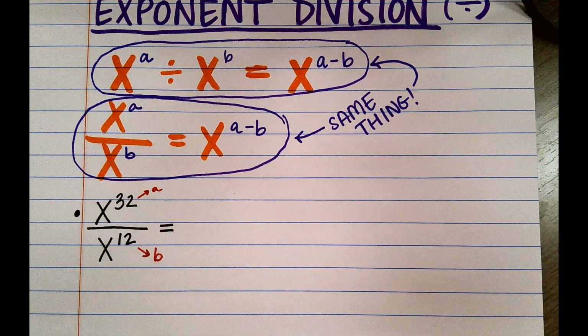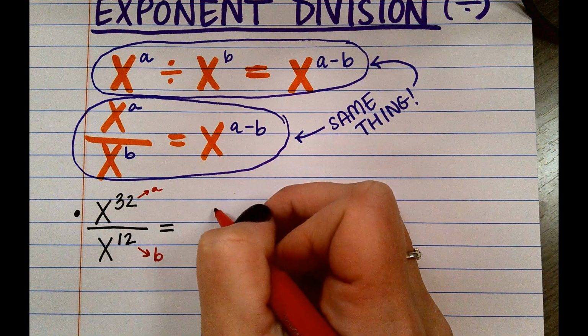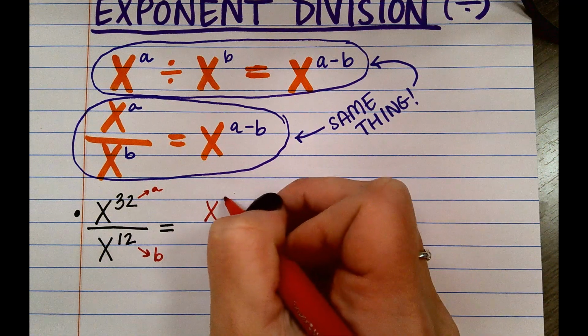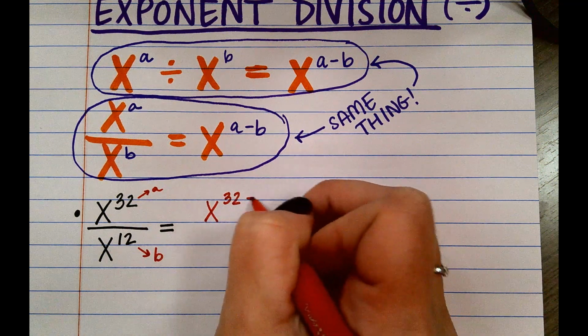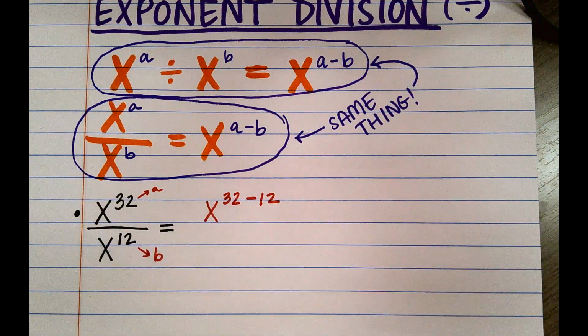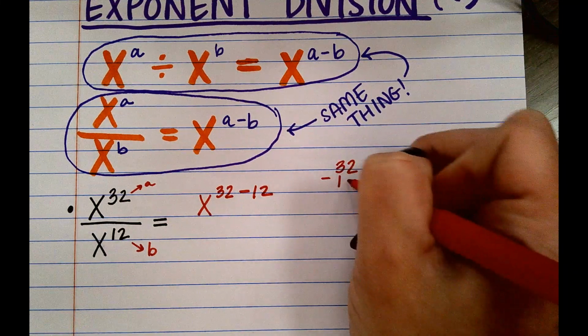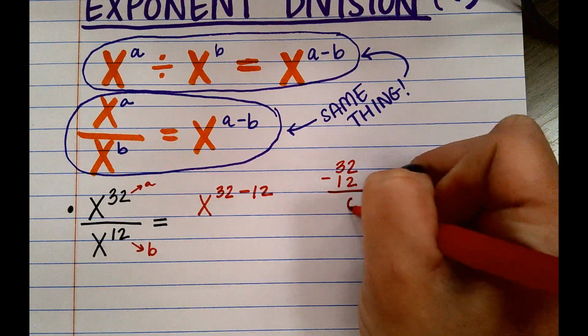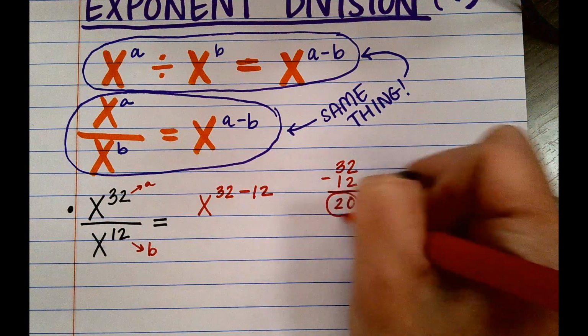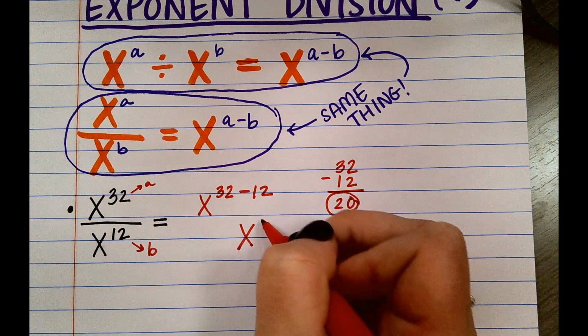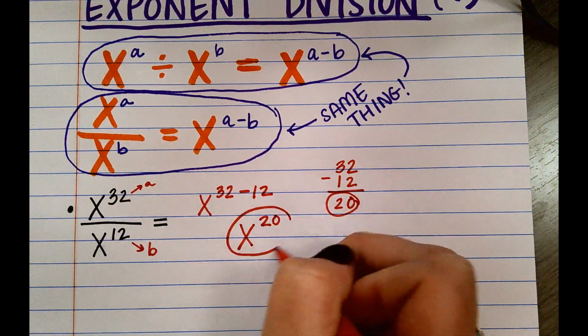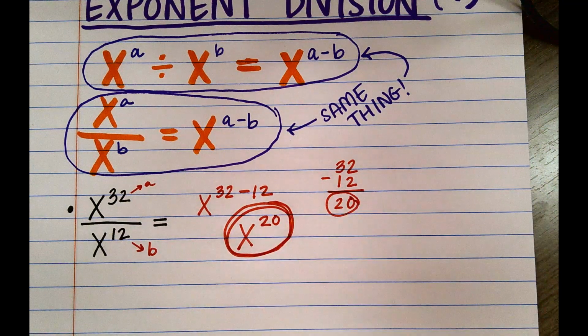You're doing A minus B. So we're really just doing x to the 32 minus 12. 32 minus 12. 2 minus 2 is 0. 3 minus 1 is 2. So our answer is x to the 20th power. Simple enough, right? We got it.